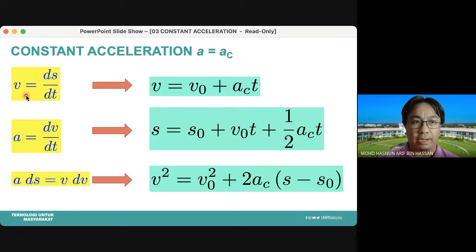When you want to get the velocity from displacement, you have to differentiate, and to get the acceleration from the velocity, you differentiate again. But if the acceleration is given and you want the velocity, you have to integrate the acceleration. Any more questions before we go to the tutorial?